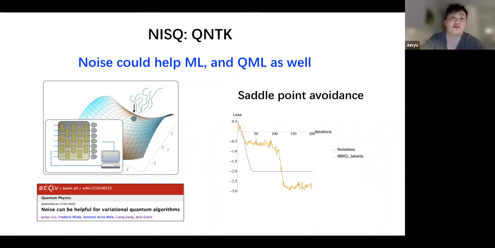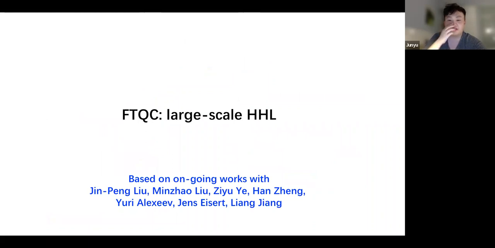Okay. I made the later part relatively smaller in scale. It is about fault-tolerant quantum computing, where we are going to discuss something assuming that we have a good enough fault-tolerant machine, able to perform large-scale, precise quantum computation.